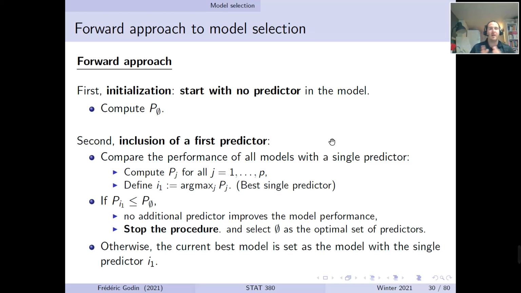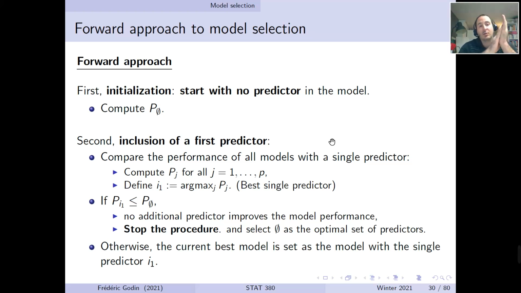Okay, so how does the forward approach work? The forward approach is a bit like Occam's razor for those who know about this concept. So we want to have a model as simple as possible, but not more. So we start with no predictors included in the model. We're going to add a predictor to the model if and only if the addition improves the performance.